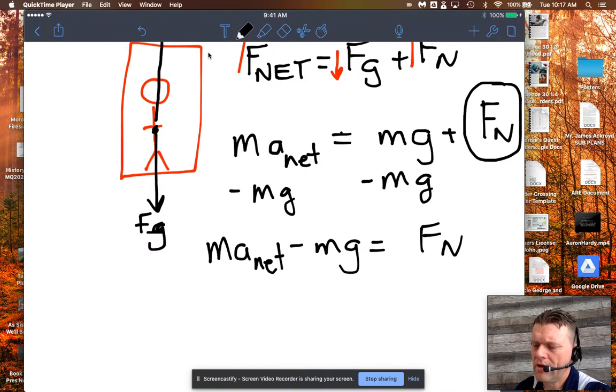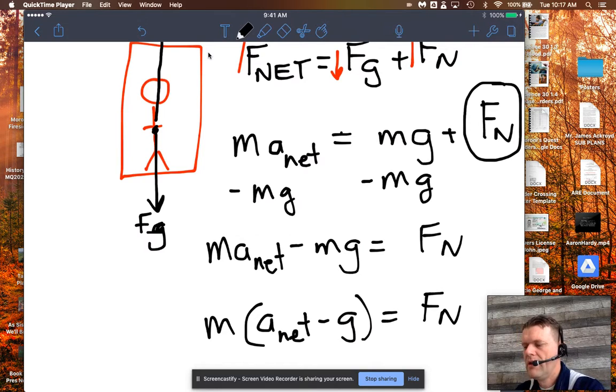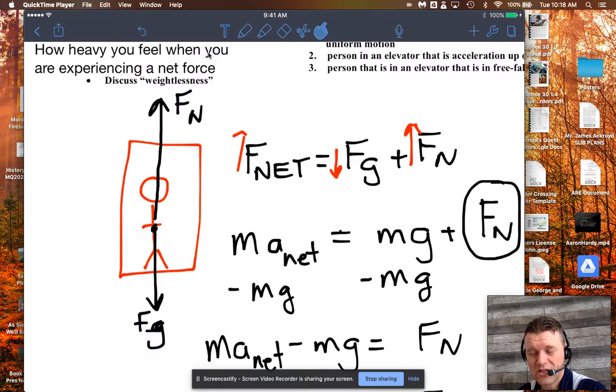I know we don't do that a lot in physics, but it sure is helpful if you remember that from your other math classes. Let's factor out the m. So now the expression looks like this: m times (a_net minus g) equals Fn. And when we do this, it will give us the magnitude of the normal force, in this case up.